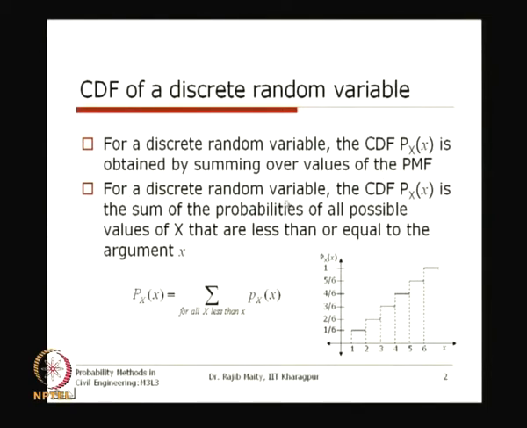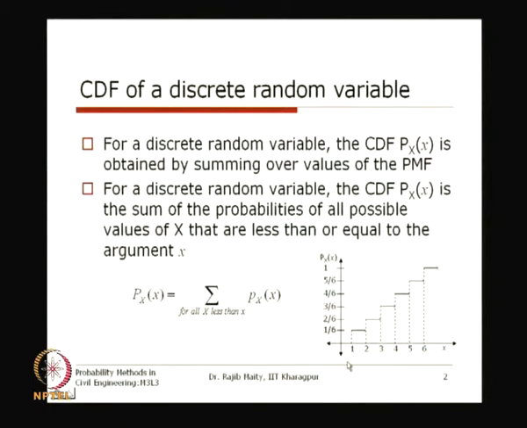For a discrete random variable, the CDF P_X(x) is the sum of the probabilities of all possible values of X that are less than or equal to the argument x. So if this notation, P_X(x), stands for the CDF, the value of the CDF at x is nothing but the summation of the PMFs for all possible X which are less than or equal to this small x.